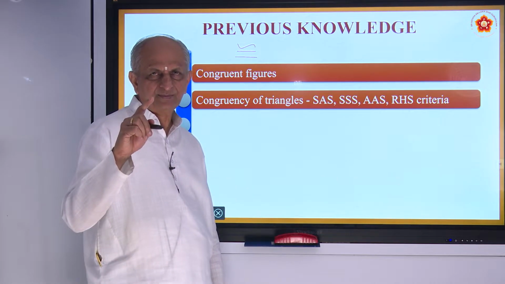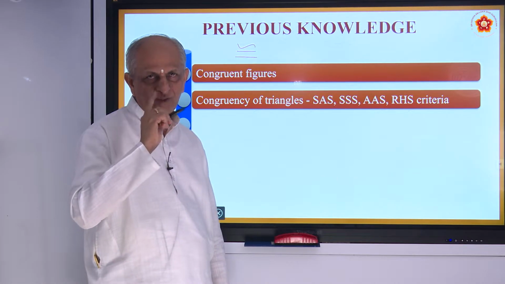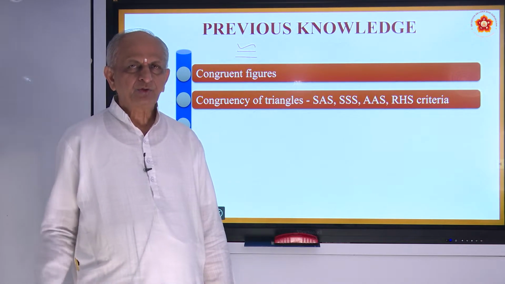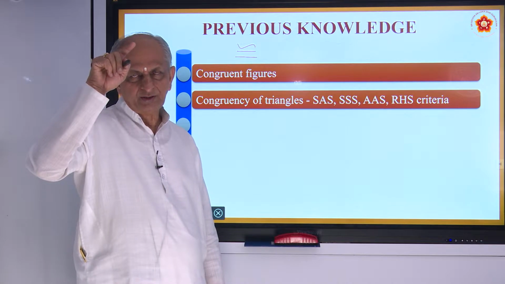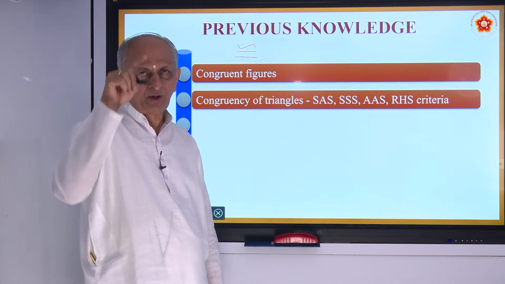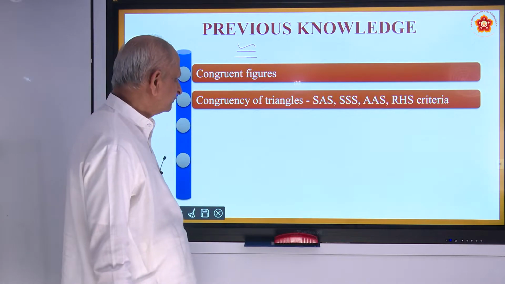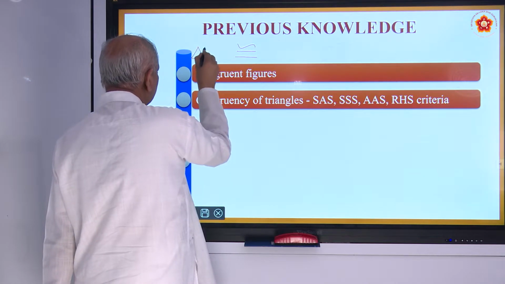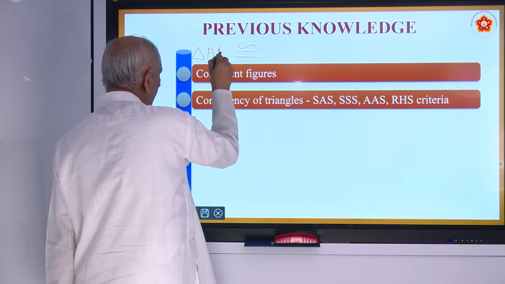One side and the hypotenuse of one right angle triangle, if they are equal to the hypotenuse and corresponding side of the other, the two triangles are said to be congruent. Suppose you have two triangles.